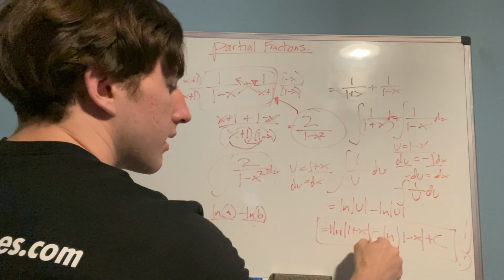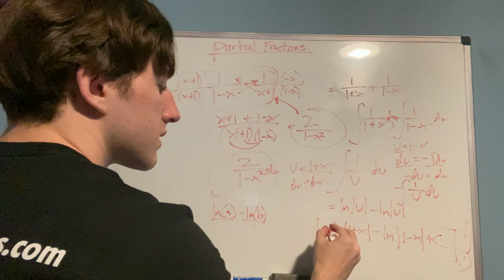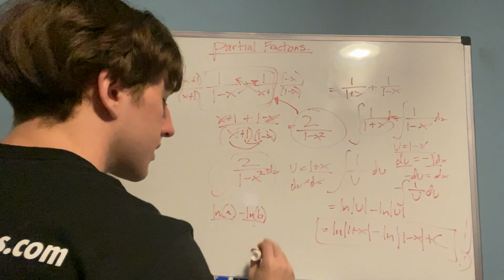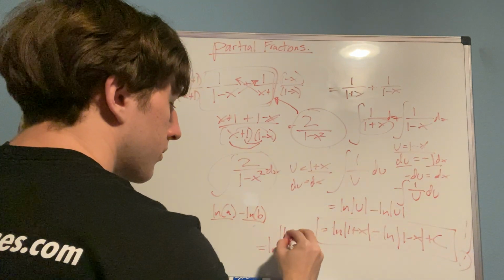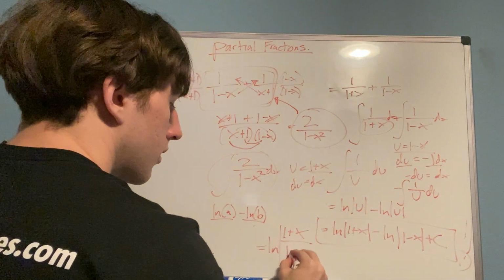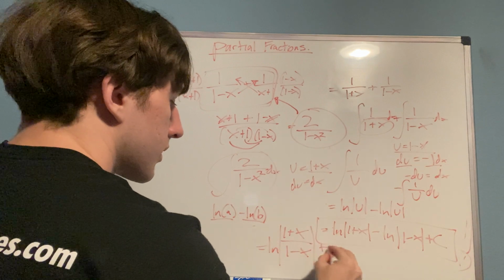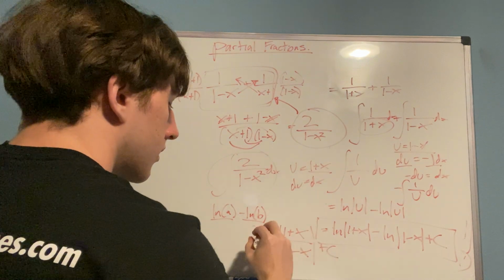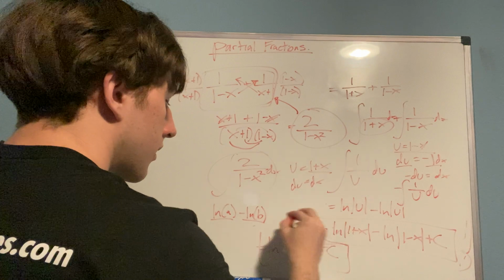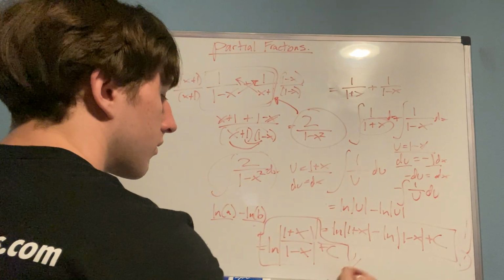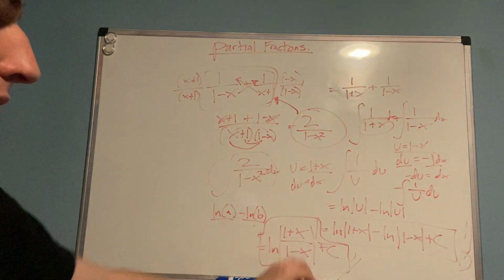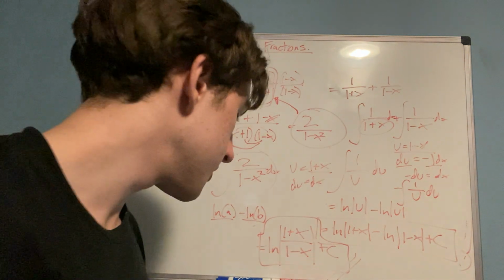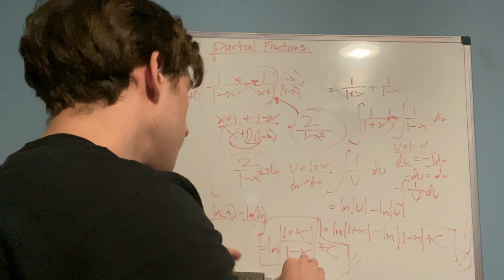If it was a different number, then you wouldn't be able to use this property. So you can simplify this into ln absolute value of (1 plus x) all over (1 minus x) plus c. And that would also be a solution simplified. That would probably be optimal for most Calc 2 teachers to be putting it in that form.